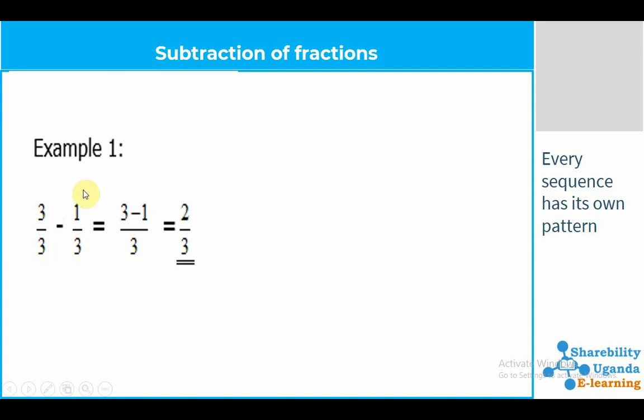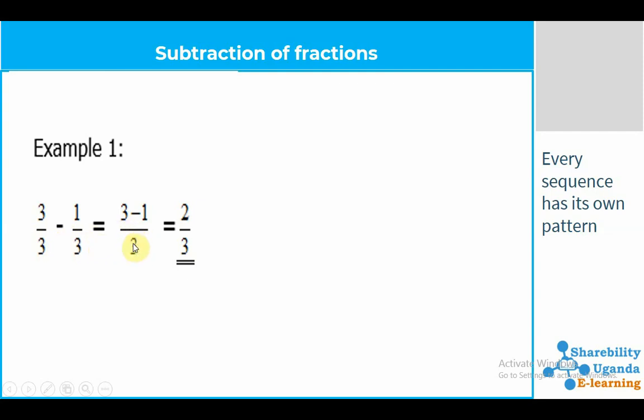This looks so simple, but remember in our concept we said that to get an answer here, first we look at the denominators. Are they the same? When you see that our denominators are the same, you just bring that denominator here.